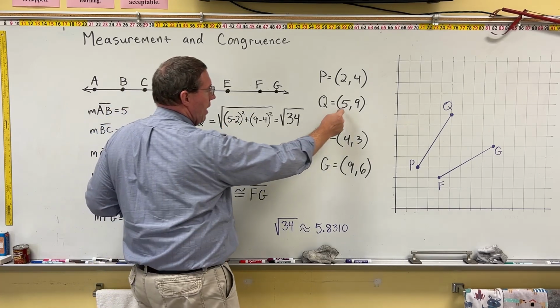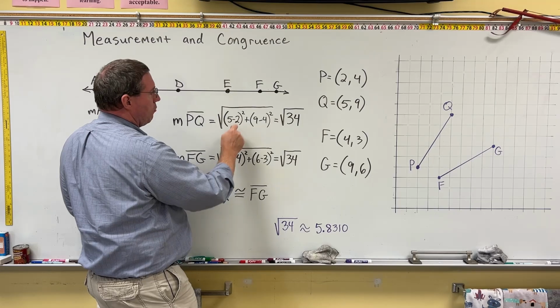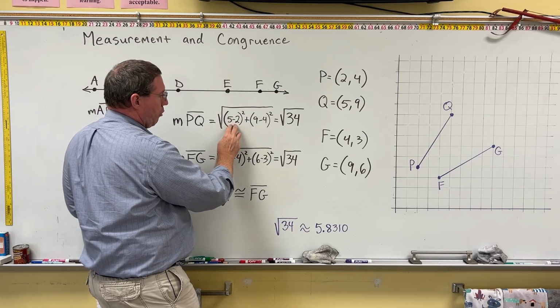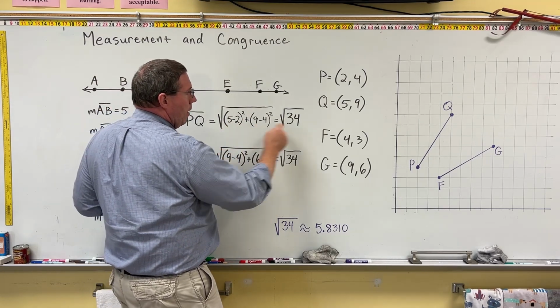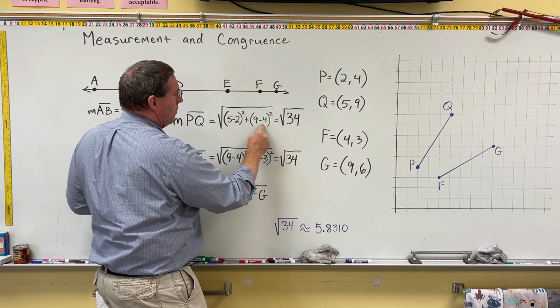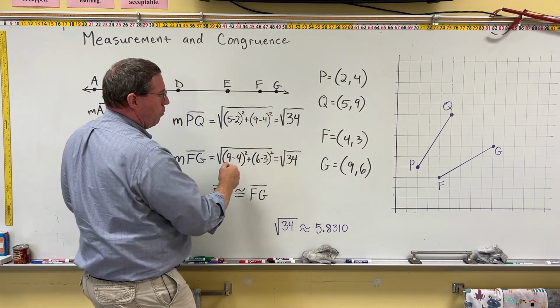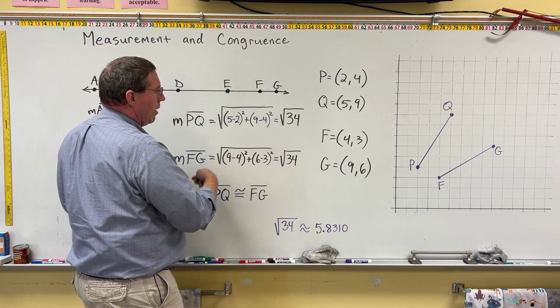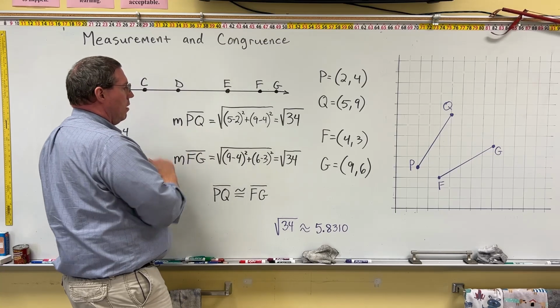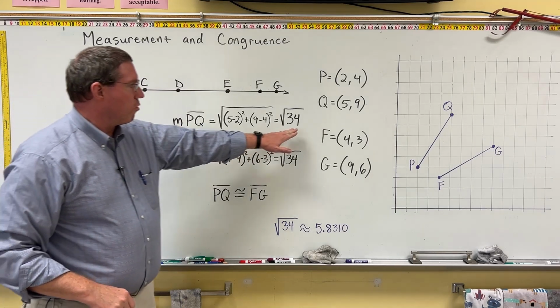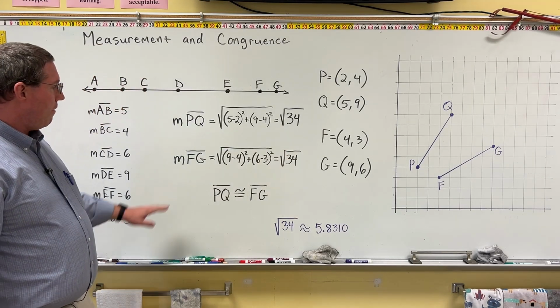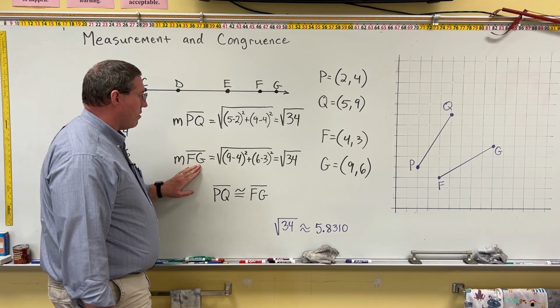All right, so here we have x minus x, 5 minus 2 squared. That's 3 squared, 9. 9 minus 4 is 5 squared, that's 25. 25 plus 9 is 34. So the measure of segment PQ is the square root of 34. Measure of segment FG is the same.